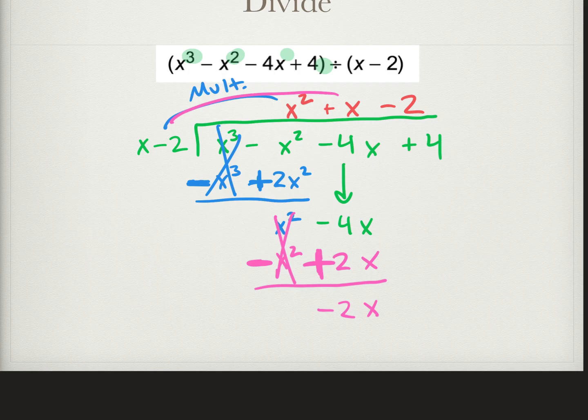Then we multiply. So negative 2 times x is negative 2x. And negative 2 times negative 2 is positive 4. Change the sign. So the first one becomes positive now, and the second one becomes negative.